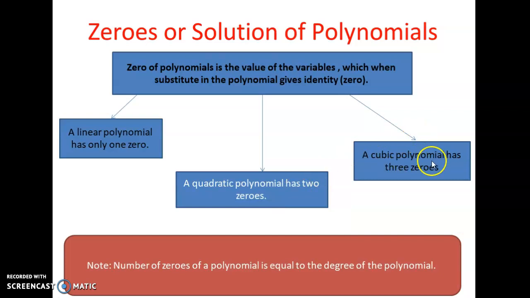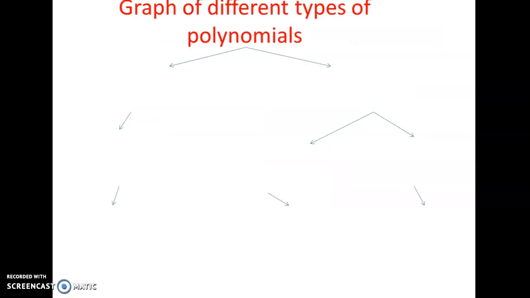And a cubic polynomial has x raised to the power 3 as the highest power, so it has three values of x. The number of zeros of a polynomial is always equal to the degree of the polynomial, so we can calculate the zeros according to the highest power of a polynomial.